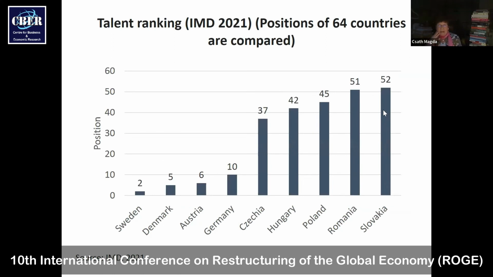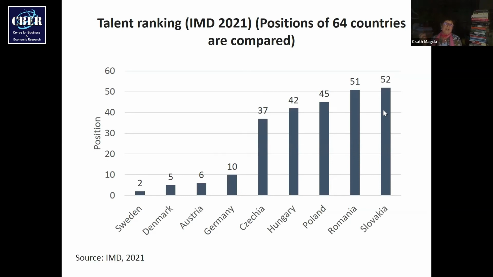And finally, another important human quality indicator is the so-called talent ranking, which is calculated by the International Management Development Center in Lausanne. And this is a composite indicator characterizing the quality of the human knowledge pool in any country, and also how much the countries invest in human capital.